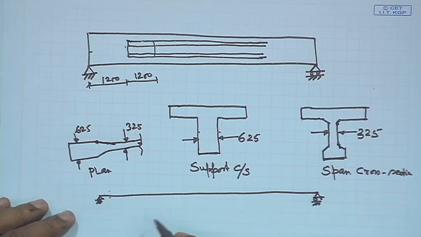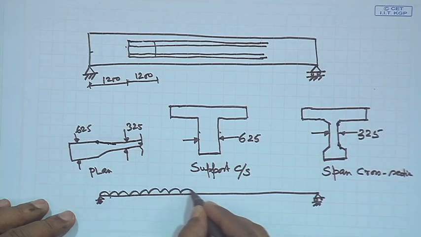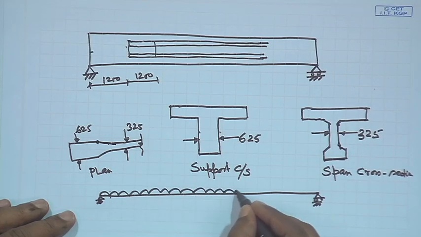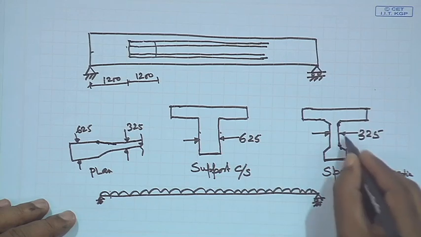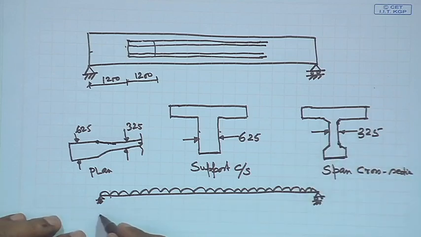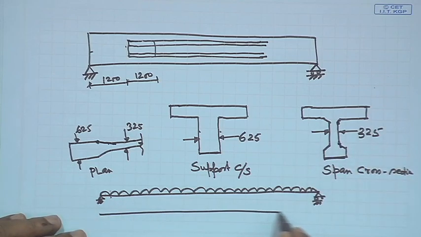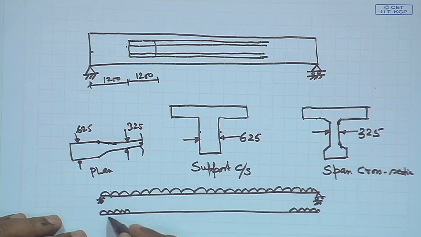Then what we shall do here, this is the UDL for this section. Then further I can have another load UDL, 1200.